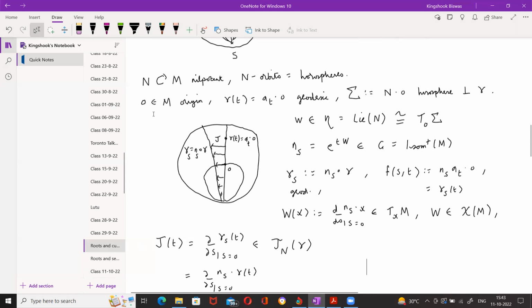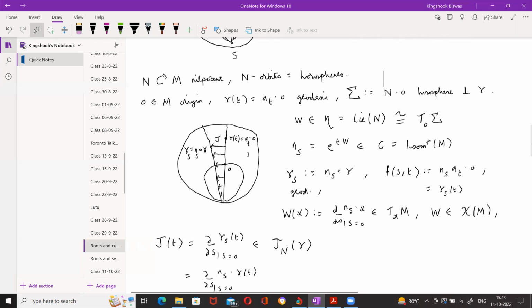Okay, so now let me take gamma to be the A_T orbit of the origin. So that's a geodesic. And now let me take sigma to be the N orbit of O. So that's the horosphere passing through the origin, which is perpendicular to gamma.